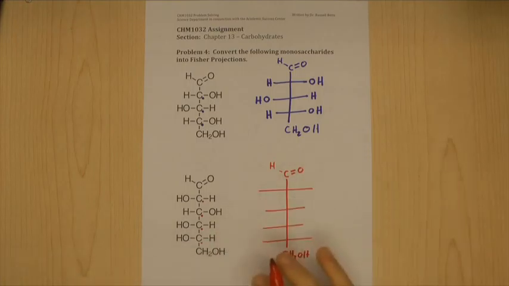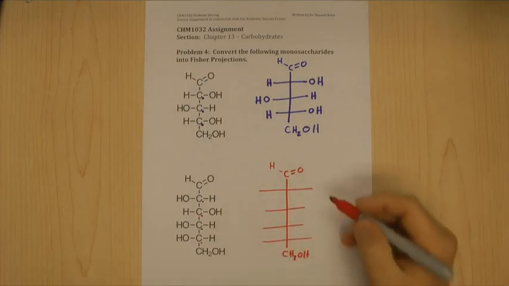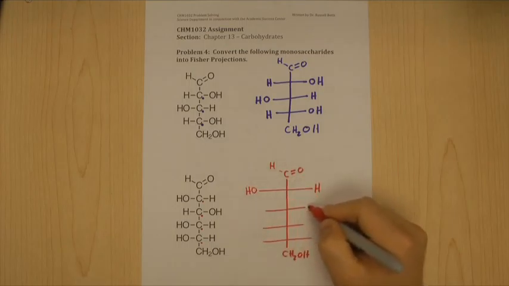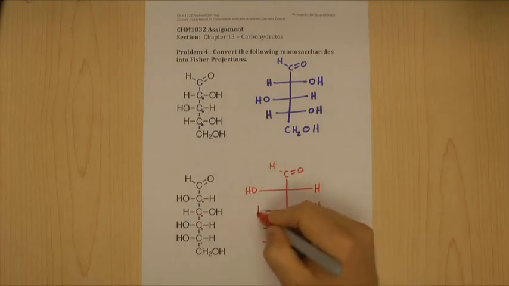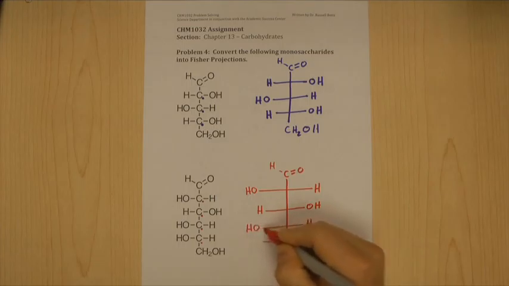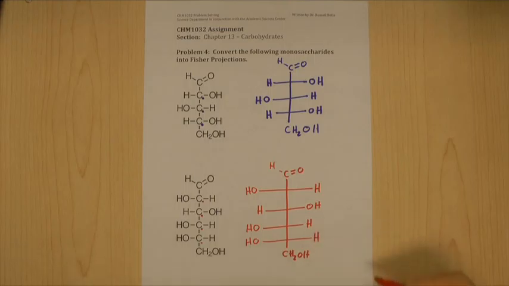The length doesn't matter. I'm just doing it freehand. If I was doing it with a computer, I'd make the lengths perfect. But don't worry so much about the lengths, just as long as the idea is there. And there is the Fischer projection of that molecule.